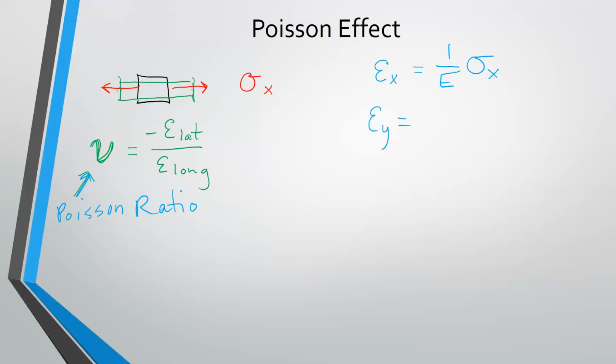So I can say negative Poisson ratio times longitudinal strain, where longitudinal strain is sigma x over E. So I essentially took my strain in the x direction and multiplied it by a negative Poisson ratio.